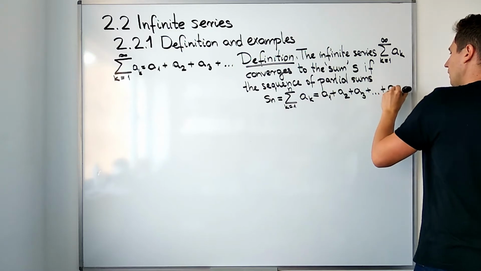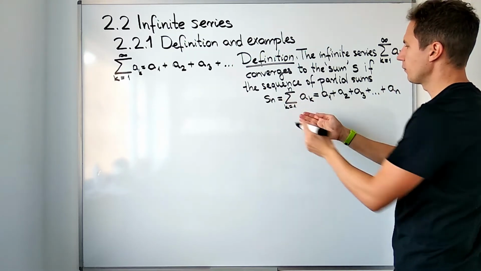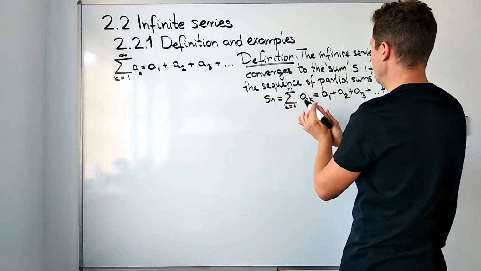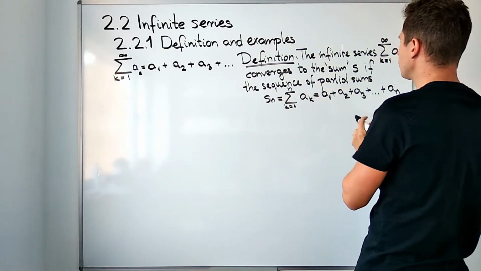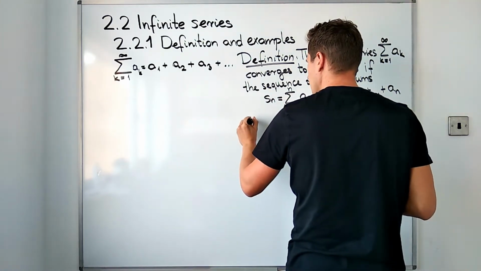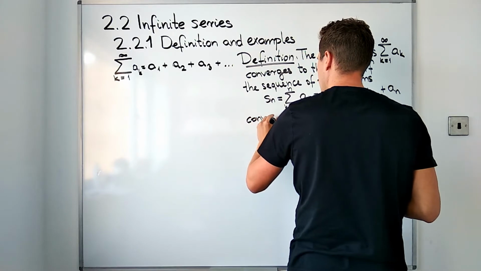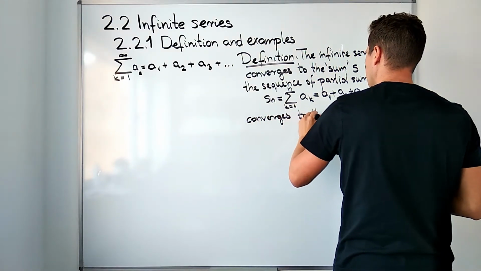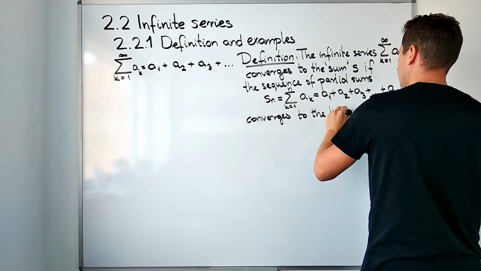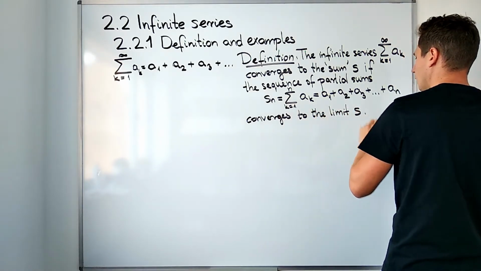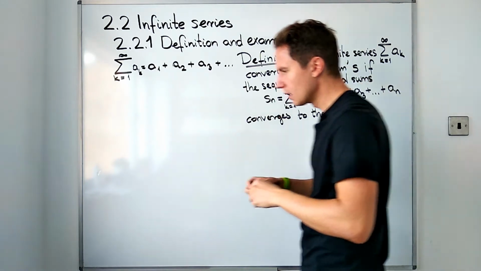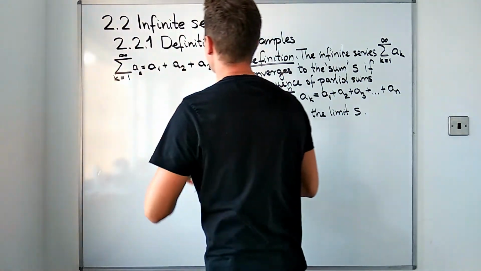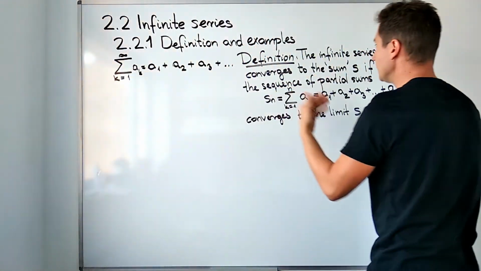I'm just taking the first n terms. I've formed this new sequence S_n, and if this sequence of partial sums converges to the limit S.